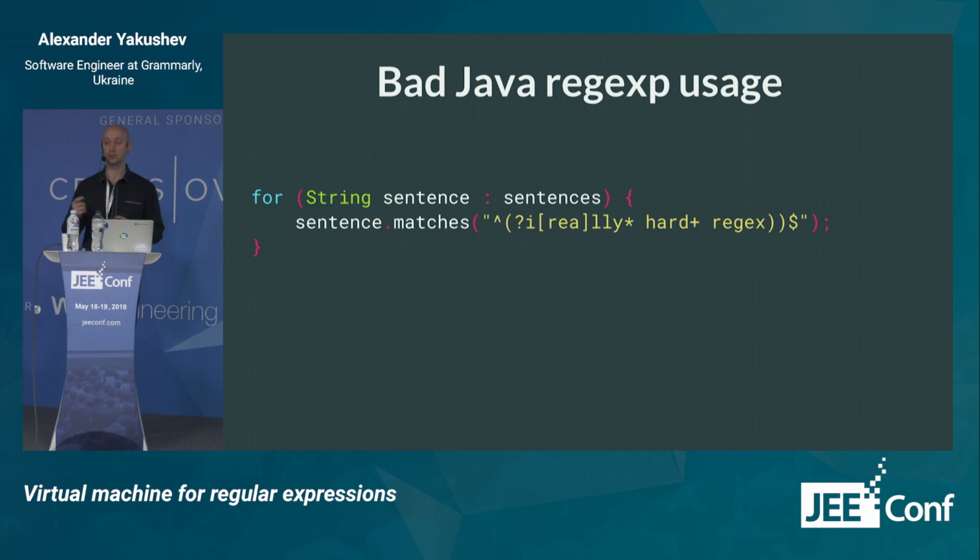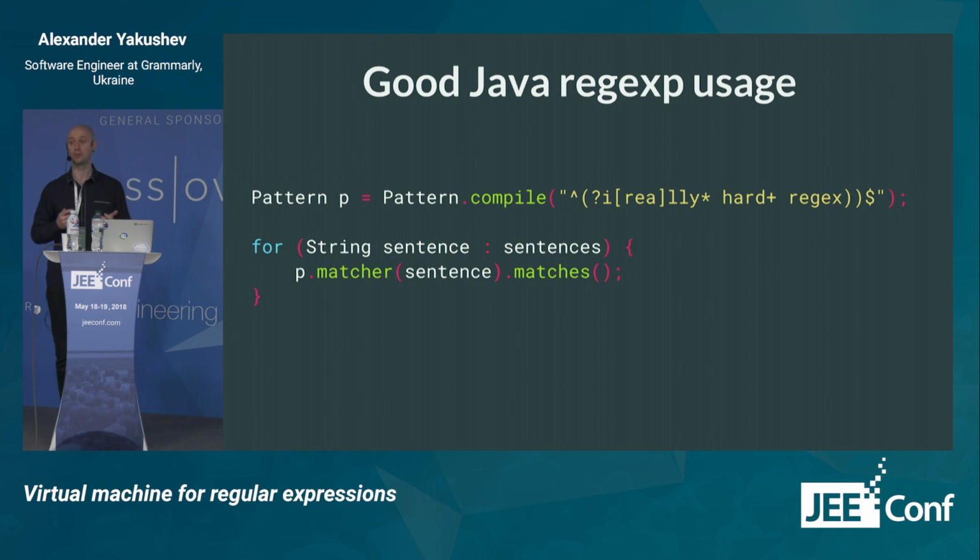It's slower, so you pay that price over and over again. So what we can do instead is compile it once outside of the loop, right? And then just reuse this pattern object. So the cost of this pattern compilation is amortized the more times you run the loop.